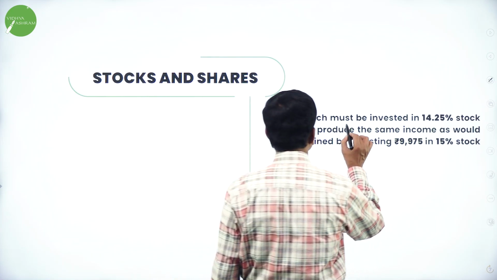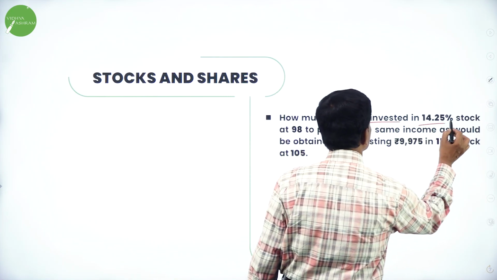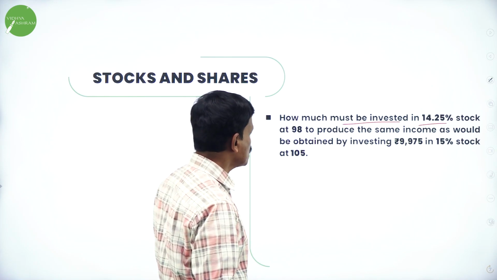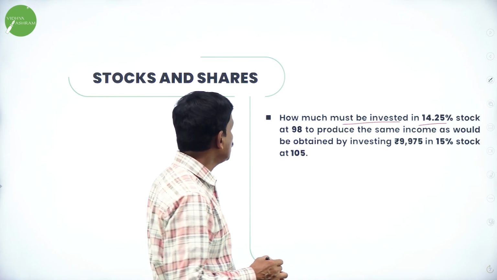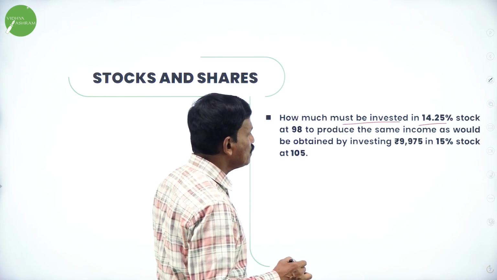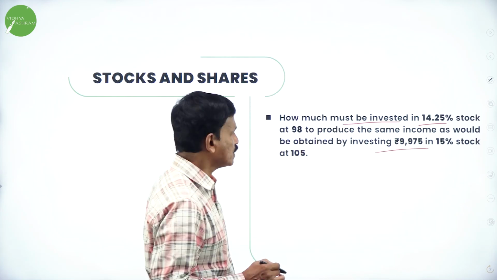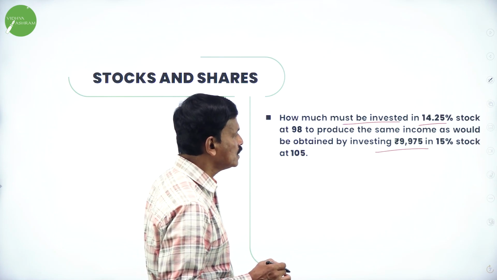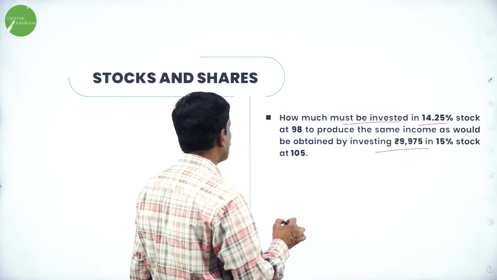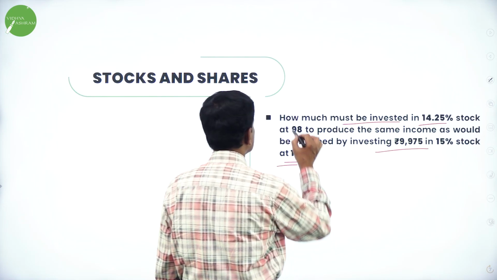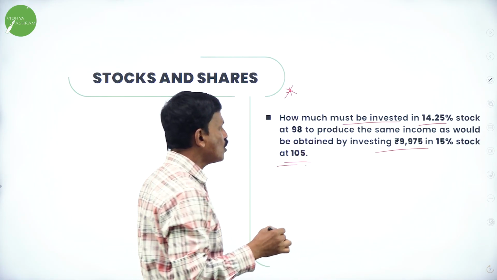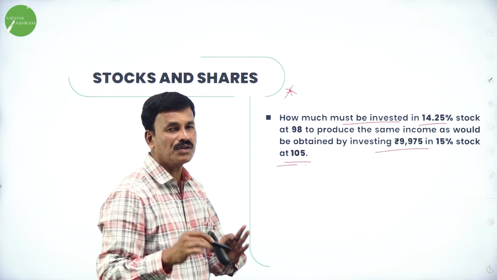How much must be invested in 14.25% stock at 98 to produce the same income as would be obtained by investing rupees 9,975 in 15% stock at 105? This is also an important problem. We have to find the amount.